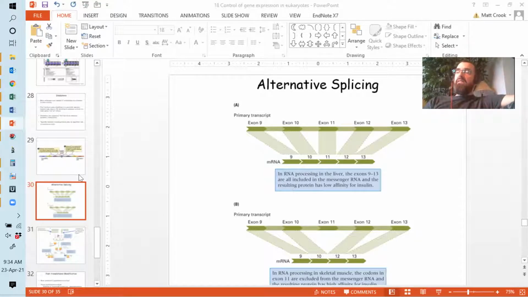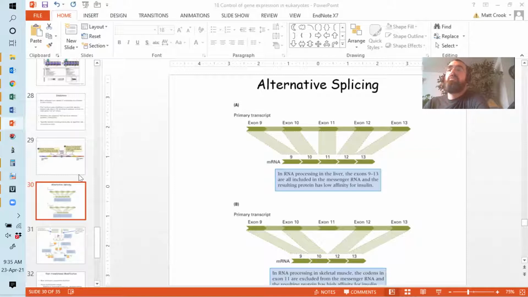Okay, so now we're getting into RNA processing, and there's also a really major step, which is RNA stability. If you think about it from this perspective, the control of transcription is all about controlling how much transcript is produced. But also, once that transcript is produced, it will be available for the production of protein as long as it hangs around.